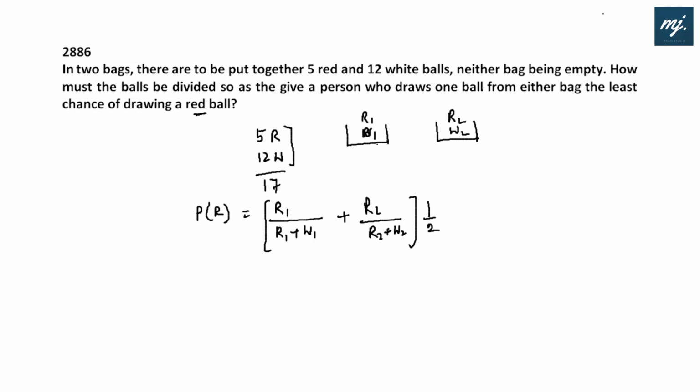Why into half? Because we would be choosing only 1 bag, and then a ball is drawn from it. So this value should be minimum.